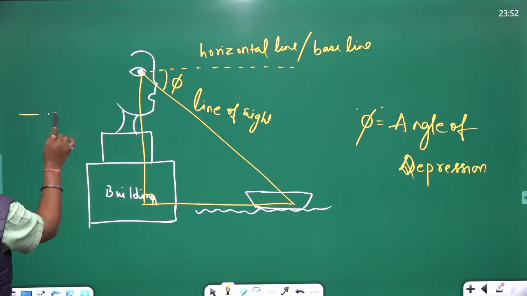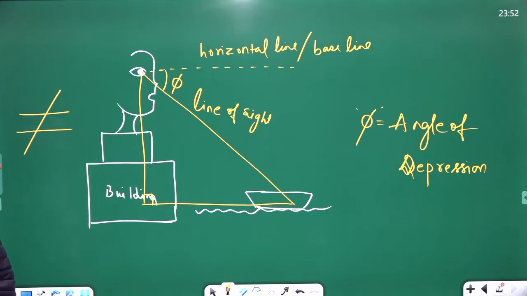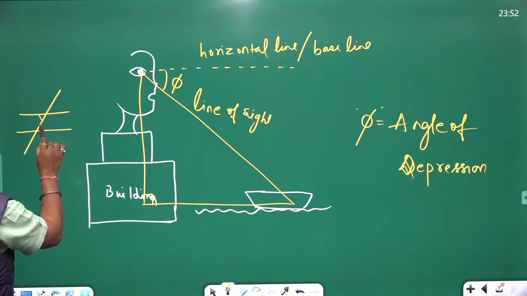In fact, you know that if two lines are parallel and one is a transversal, then these two angles are the same.